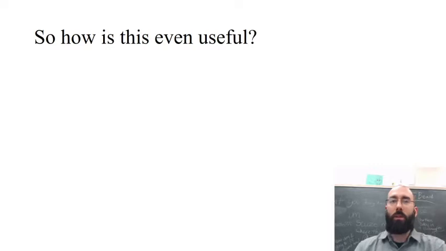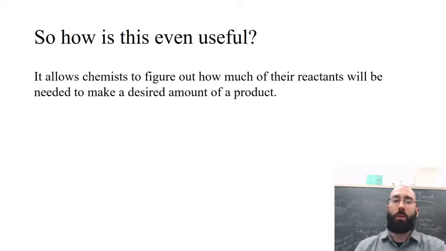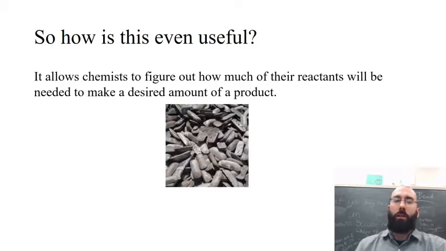Another thing that is useful with stoichiometry is it allows chemists to figure out exactly how much of their reactants will be needed to make a desired amount of product. Let's say we know we need to make 2 tons of steel. We'll need to figure out how much pig iron we need to make that 2 tons of steel.